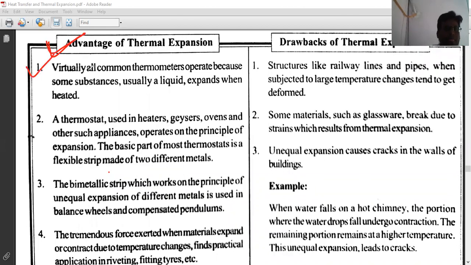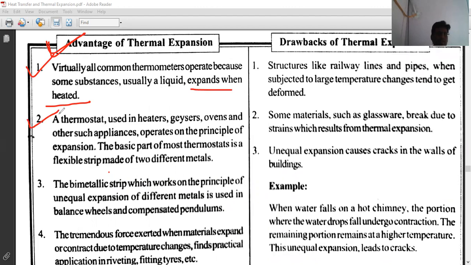First, virtually all common thermometers operate because some substance, usually a liquid, expands when it is heated. So this is the main advantage of thermal expansion.